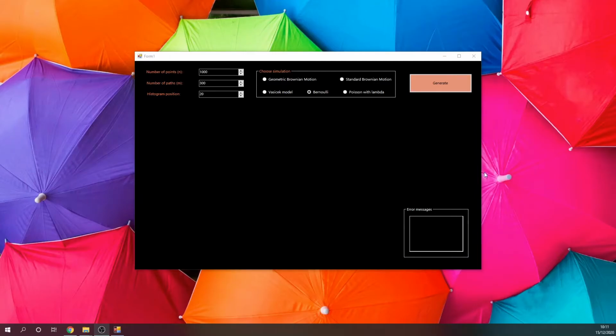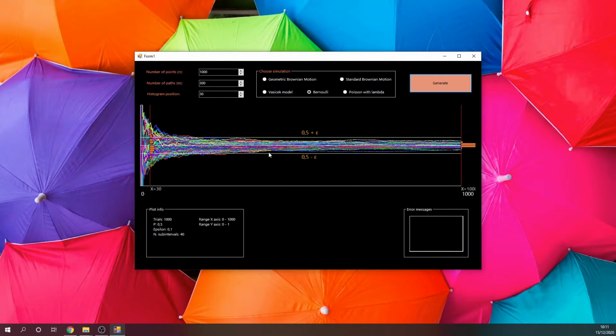Okay, let's move on to the Bernoulli simulation. So we have 1000 number of points and 300 paths. Let's generate our Bernoulli.